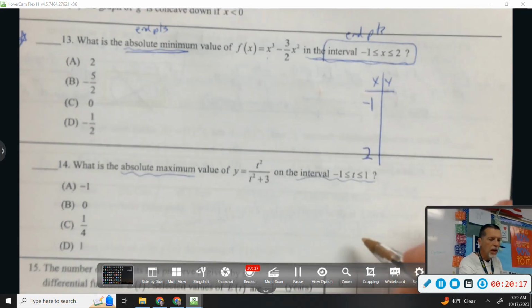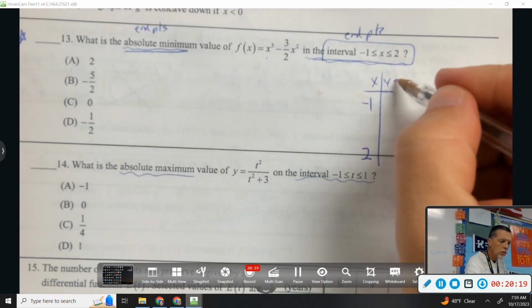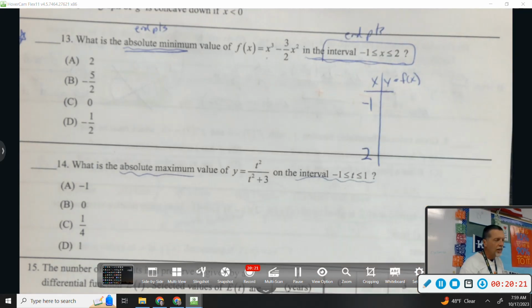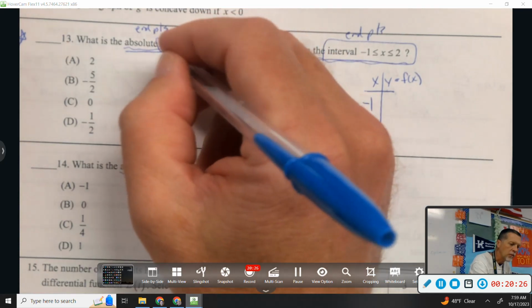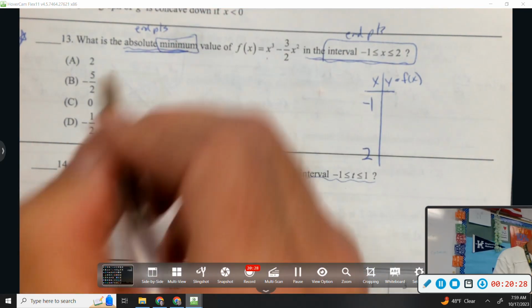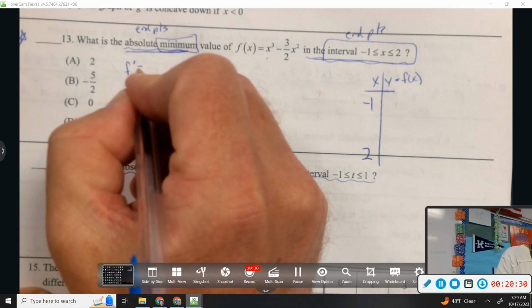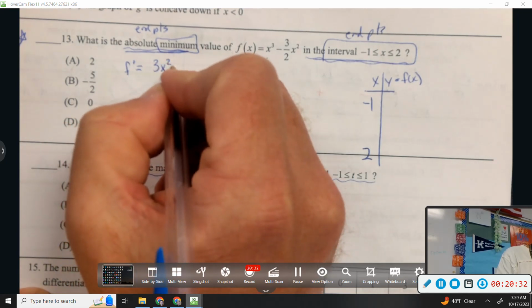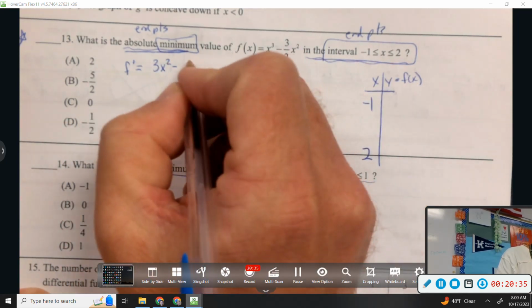So I'm setting up my table. I'll plug those into f of x, and then I'll just pick the almost said highest one, but for minimum I'll pick the lowest one. Right, f prime is 3x squared minus 3x.